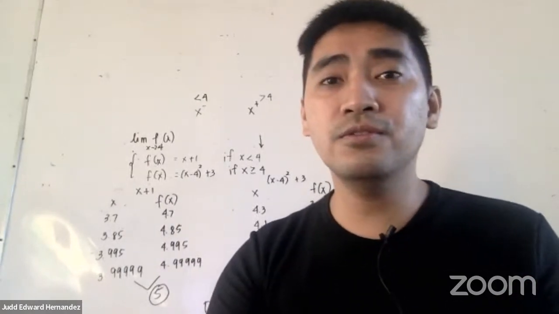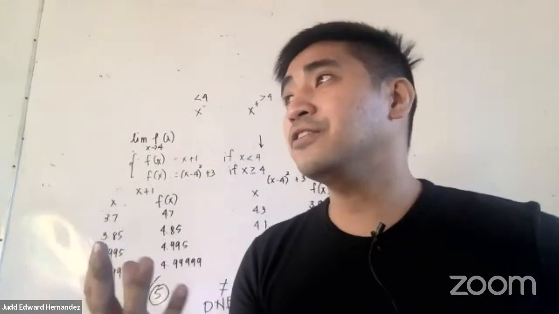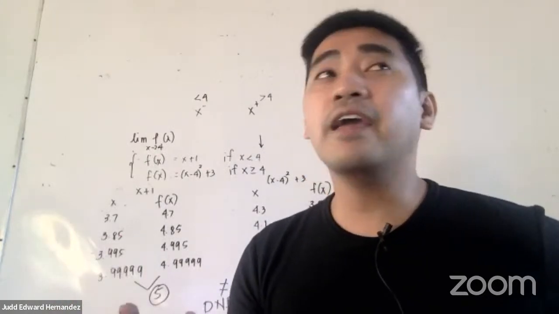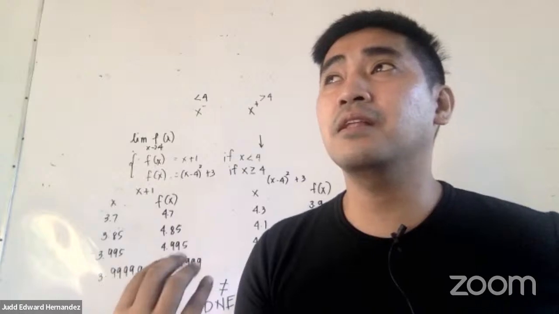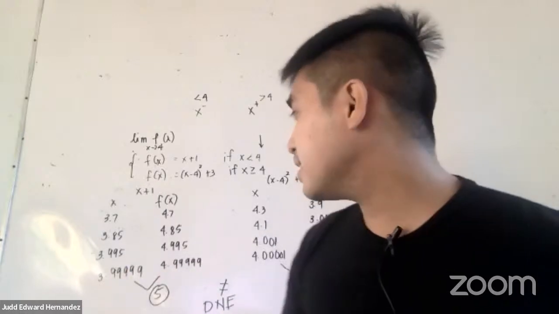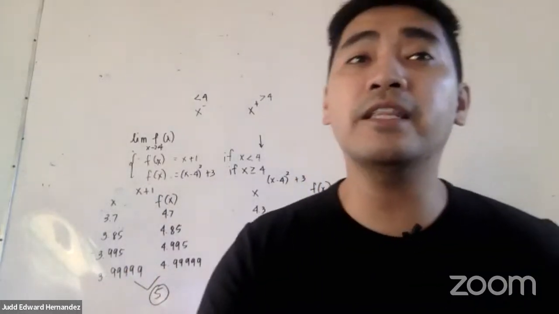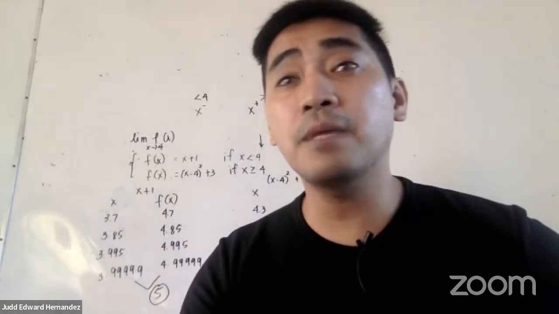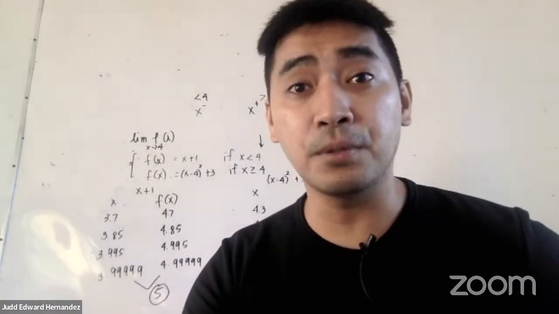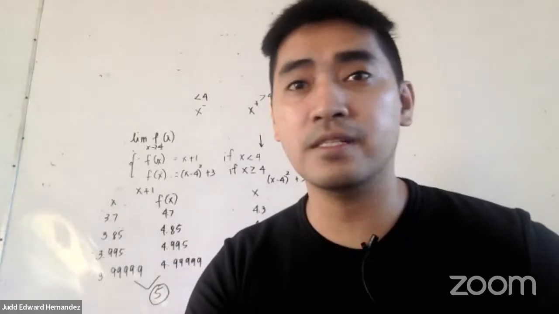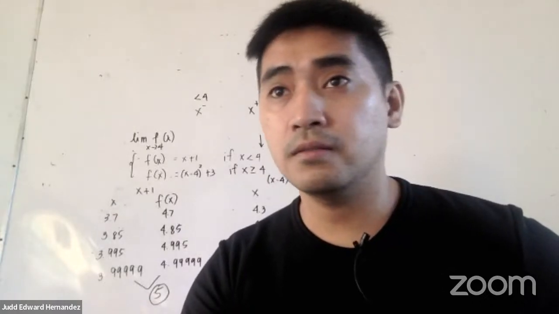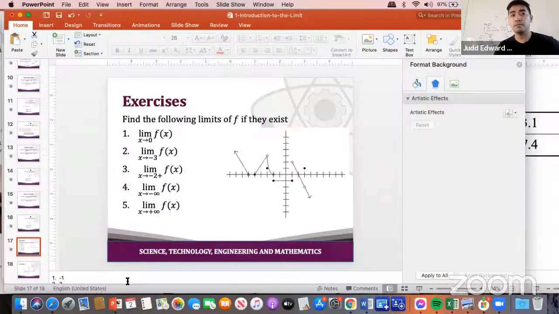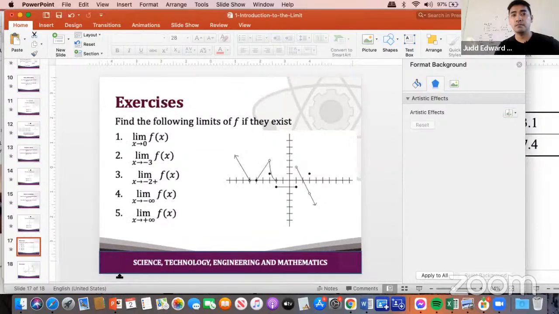Okay. So alam na natin ngayon kung paano mag-identify whether it exists at whether kung hindi siya nag-exist. Ngayon pumunta naman po tayo sa pag-identify ng limit if we are given graphs naman po. Okay, kapag binigyan tayo ng graphs. Okay, look at the graph.